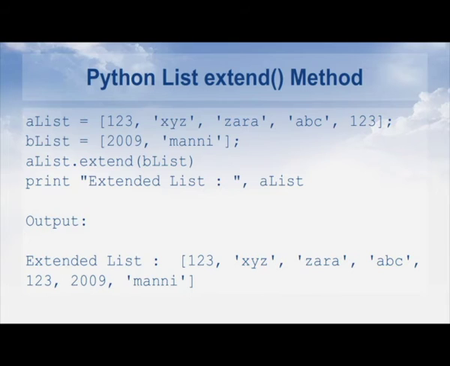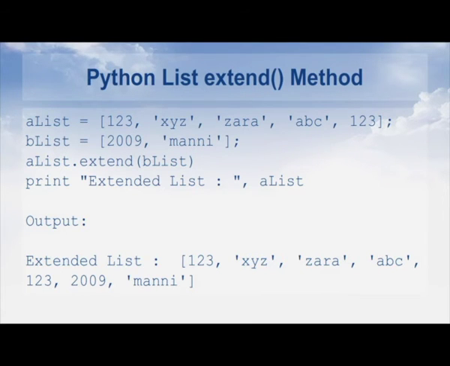B list has 2 elements, 2009 and money. Now from a list I say a list dot extend, I call the method extend and pass b list as an argument to extend.